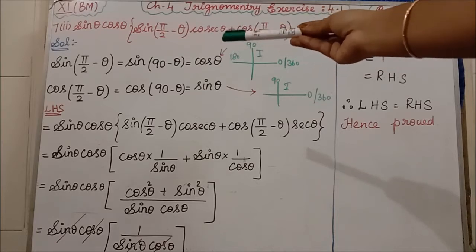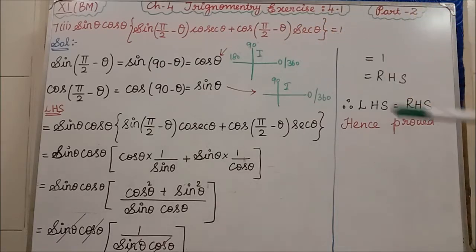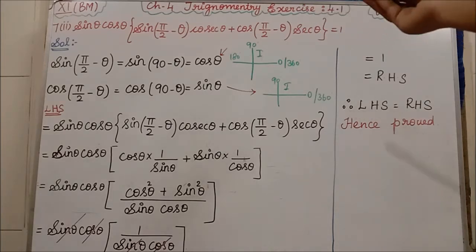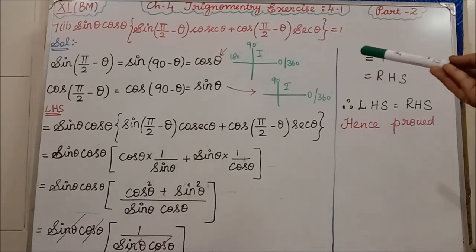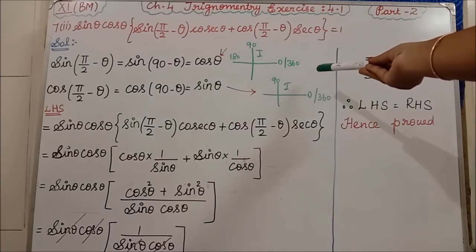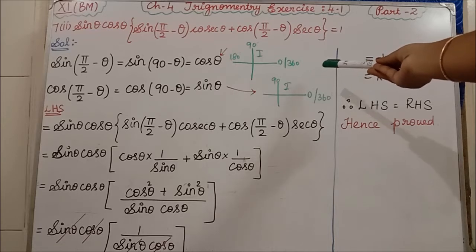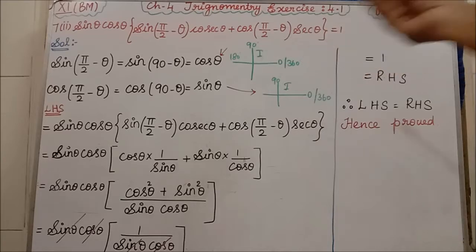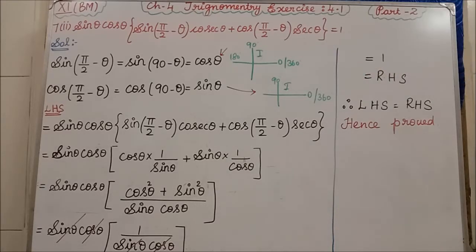Next, cos(90 minus theta) is what? If you are using 90, the trigonometric ratio will change. For sin we have written cos, for cos we have to write sin. Again, cos(90 minus theta) will also lie in the first quadrant. In the first quadrant all the trigonometric ratios are positive, isn't it? So we are getting positive sin theta.